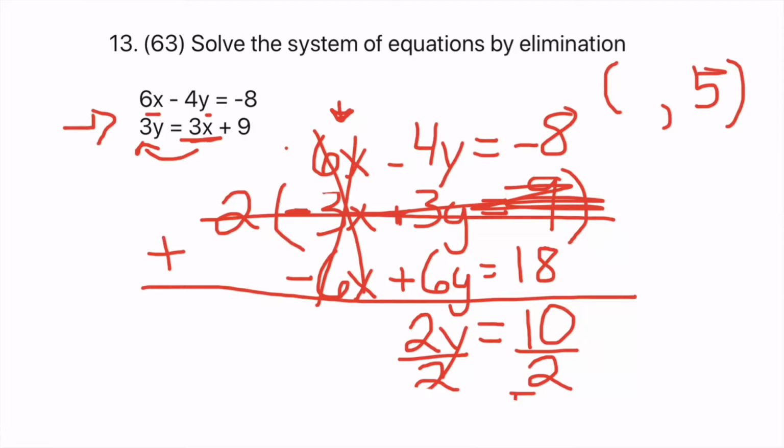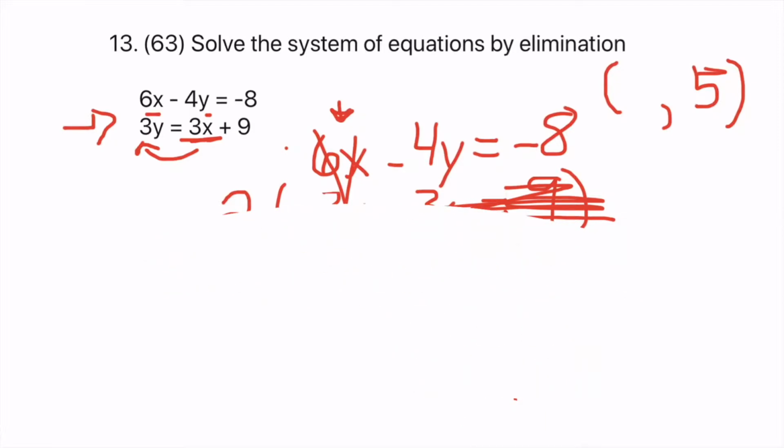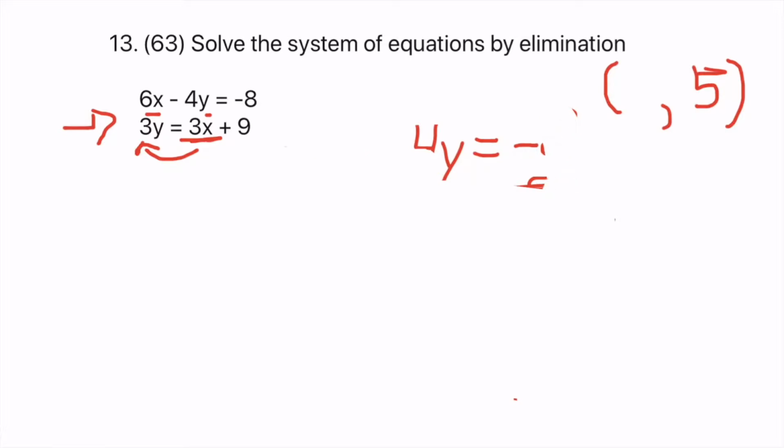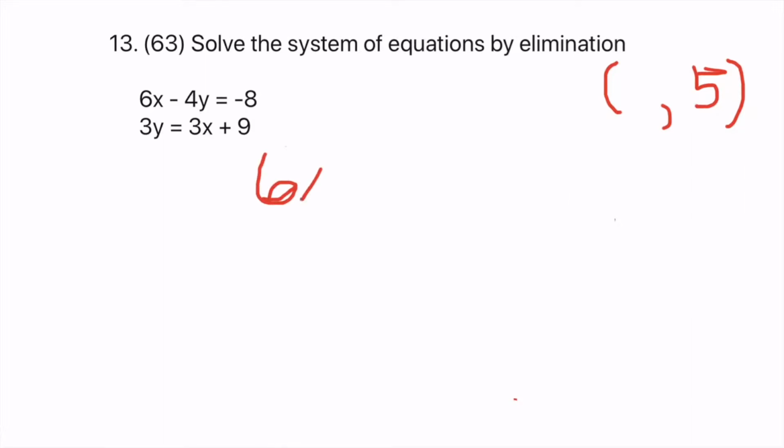So I'm going to erase this, and we take any one of our original two problems and we plug in 5 for y and solve for x. It doesn't matter which one you choose, so I'm just going to choose maybe this top one. So we have 6x minus 4, for the y, I'm going to plug in 5, equals negative 8.